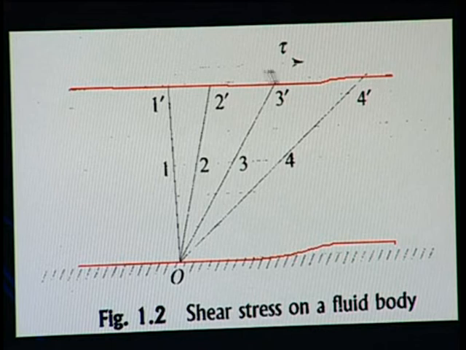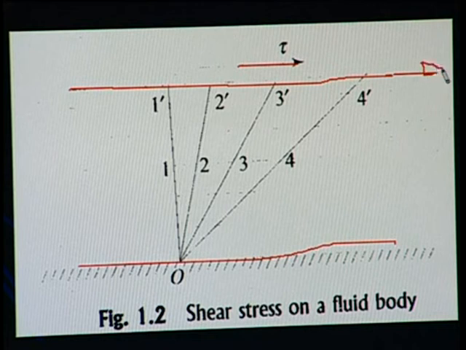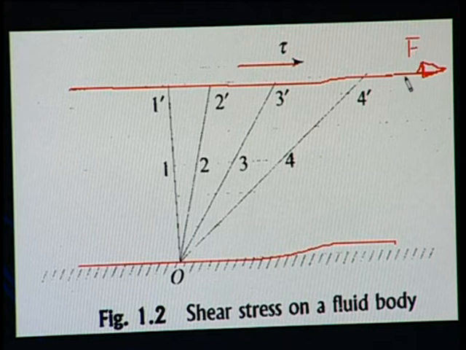This upper plate is moving in this forward direction by applying a force, let us say of magnitude F. This force F is applied at the upper plate. Because of that, this upper plate starts moving with velocity v.